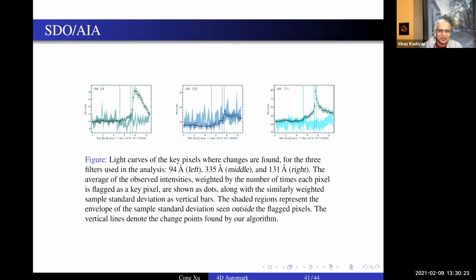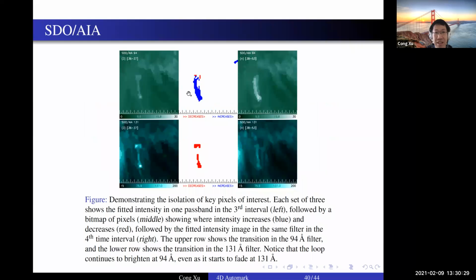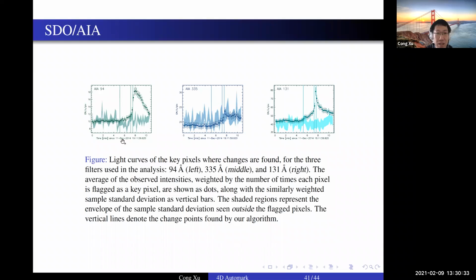This is your topic. So yeah, we just want to see whether these detected key pixels are meaningful or not. So we just pick these regions and plot their light curve and compare the light curve with the other part, which means the background. Here we also denote the location for the detected change points.